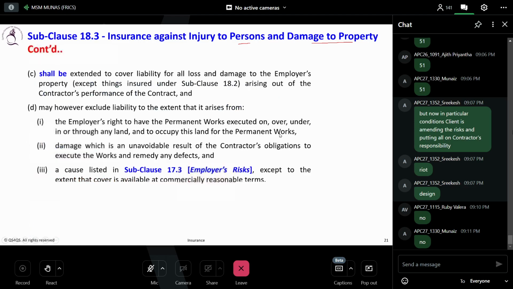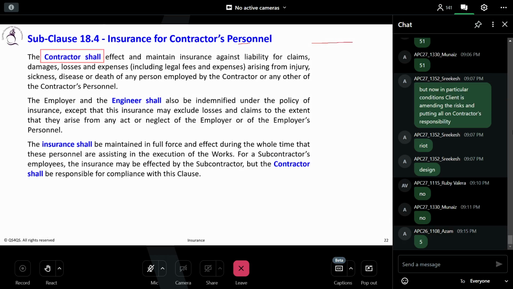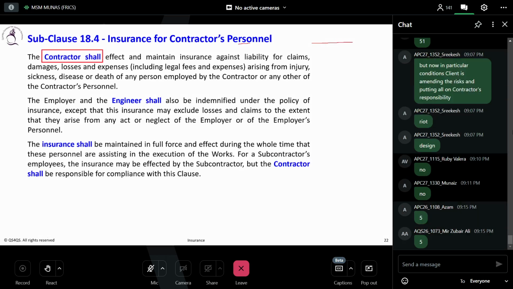So how many types of insurance do we have in the FIDIC Red Book so far? Five under this subclause 18. So insurance for the contractor's personnel, what does it say here? The contractor shall effect and maintain the insurance against the liability for claims, damages, losses, and expenses.